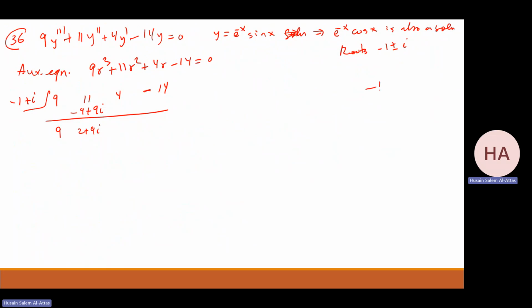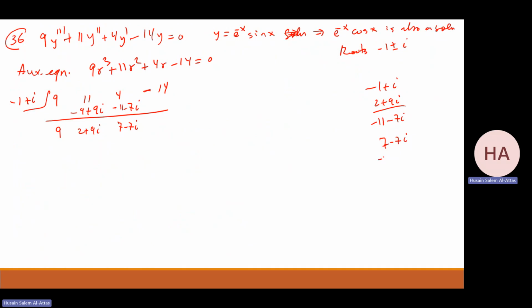Do the multiplication. That gives me minus 2 minus 9, minus 11, minus 9 plus 2, minus 7i. That gives me minus 11 minus 7i. So I have 7 minus 7i. So I have 7 minus 7i times this.